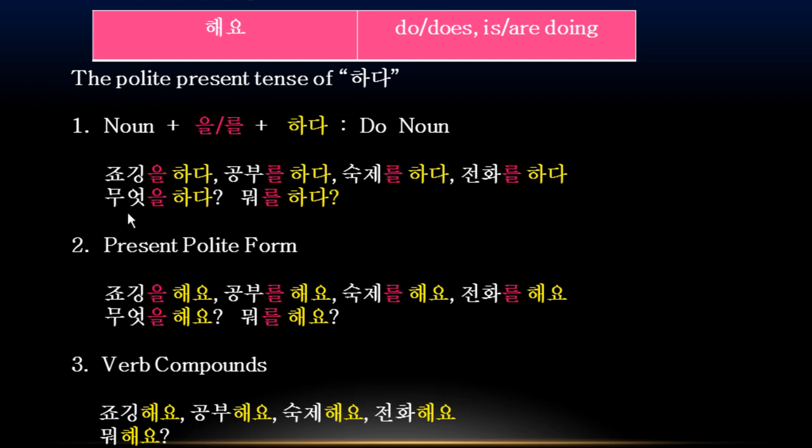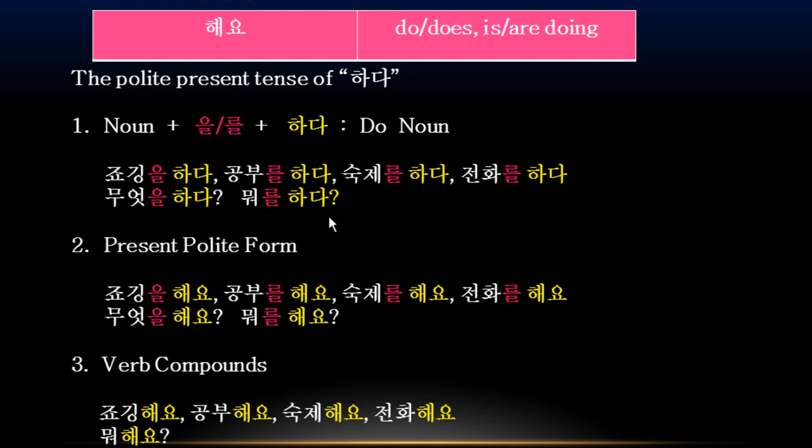무엇을 하다, do what? 뭐를 하다. 무엇을 is the full form and it gets reduced to 뭐. Notice when you say 무엇, because of the consonant, you follow with a vowel, 을, 무엇을. But when you reduce it, it becomes 뭐. The consonant's gone, so you follow it with a consonant sound, 를, 뭐를 하다.